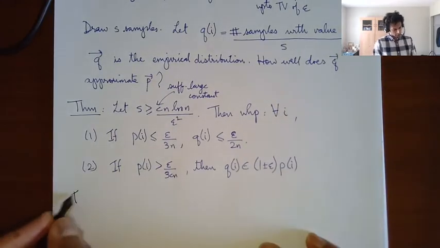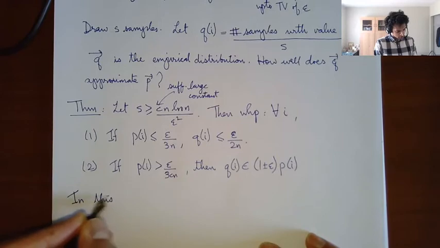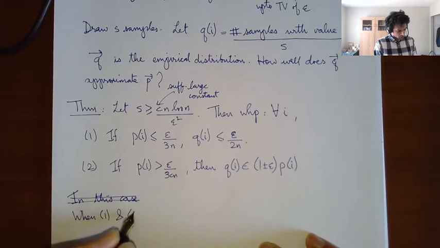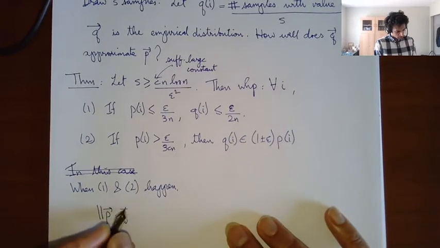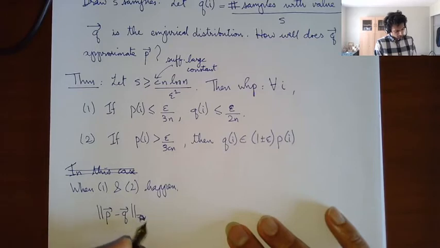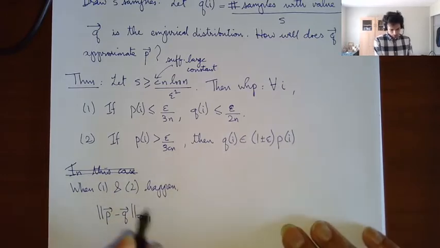So we can just say that in this case, or I should say, when 1 and 2 happen, now let's just go ahead and bound. Instead of the total variation, let me bound the L1 distance. It's going to be more convenient.